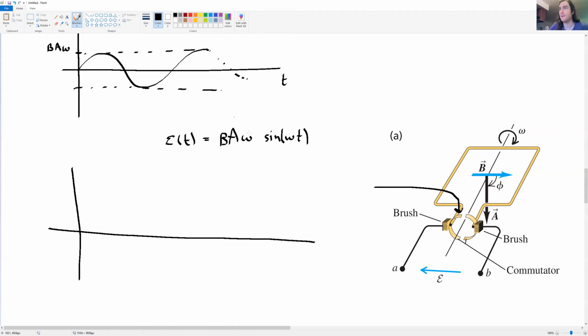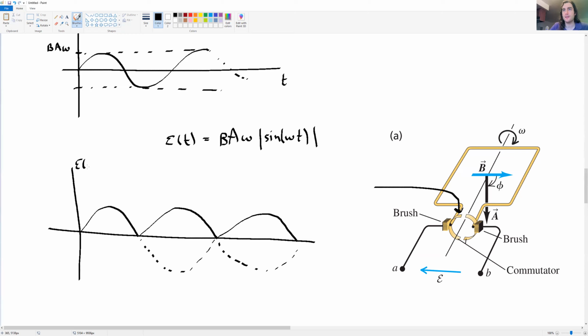And so you can encapsulate that behavior by simply putting an absolute value bar on the sine omega t. And so what you ultimately end up with is a signal which is basically the absolute value of sine. So I can just go ahead and draw that here. It goes like this, and now it would go down here, but it doesn't. It comes back up like this. So this is a DC voltage here. And so this, again, is E of t.